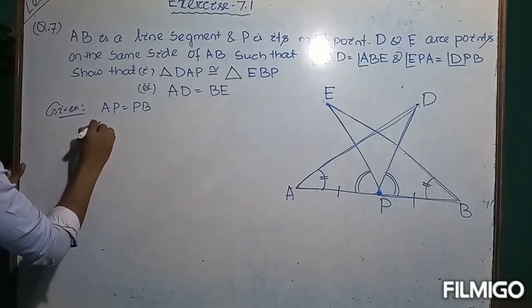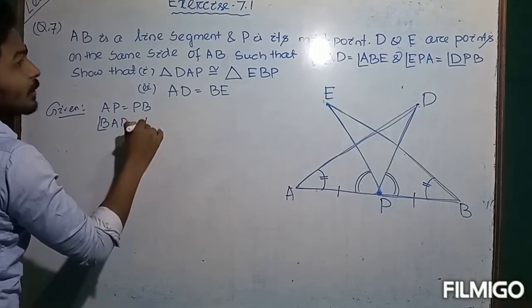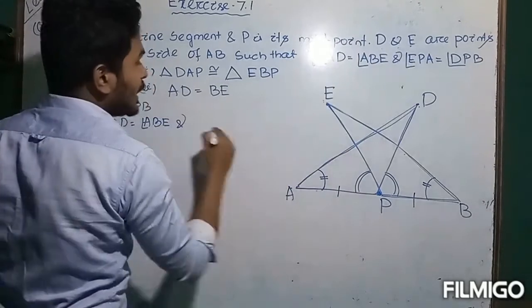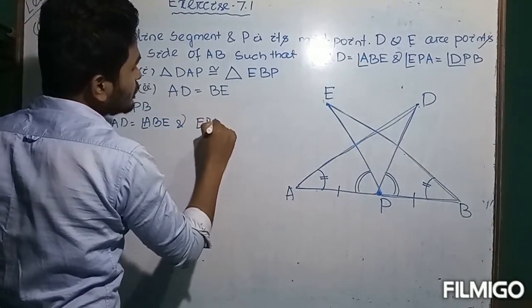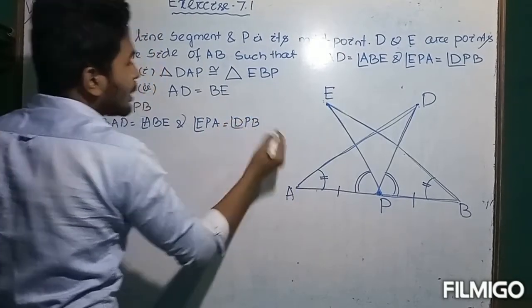So first write what is given in this question. It is given that angle BAD is equal to angle ABE and angle EPA is equal to angle DPB. Right?